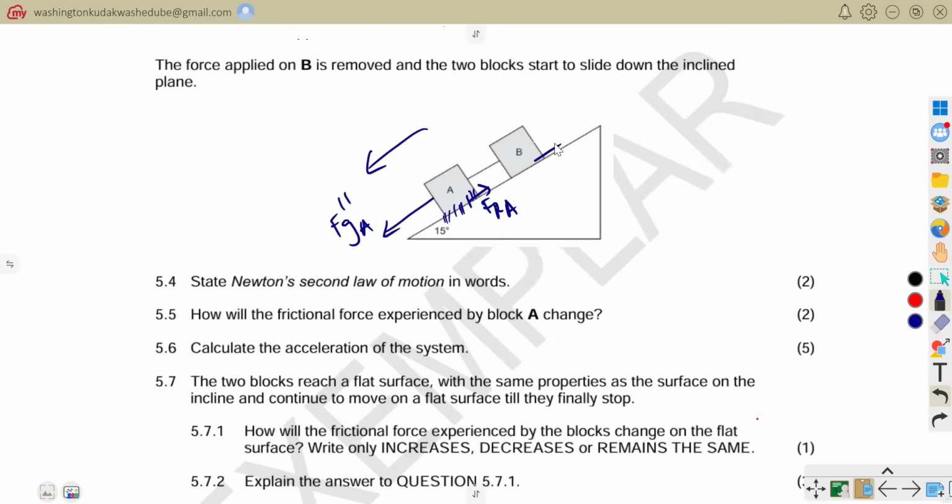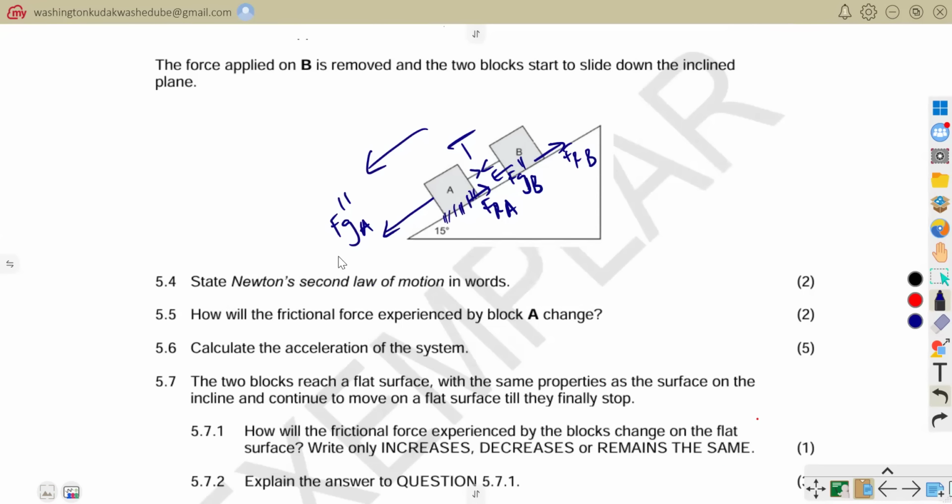And we would also have frictional force on B going up, and Fg parallel on B going down as well. And due to this string, we are going to have tension there. The tension due to A would be going in that direction because A would be pulled by B, and B would be pulled by A. So that is how we can use that.